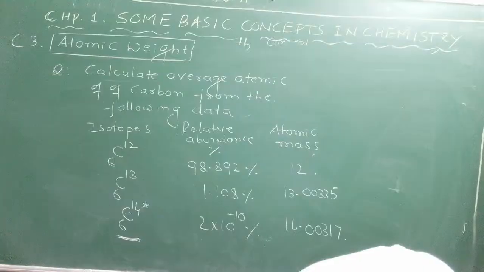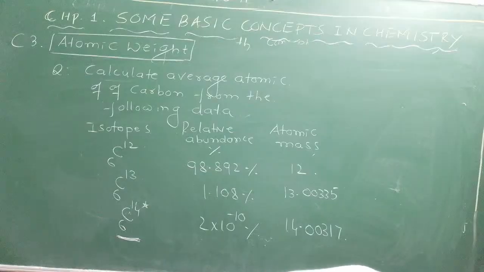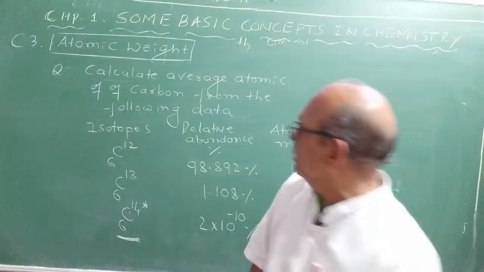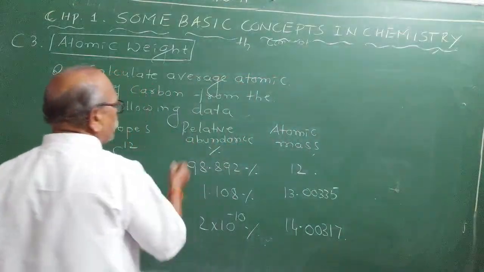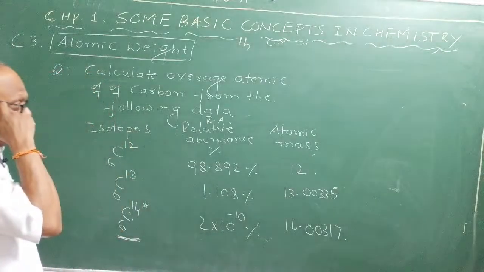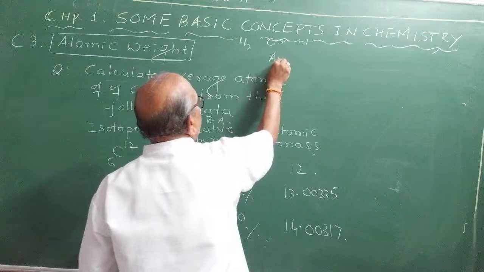Now you are asked to calculate the average atomic mass. Relative abundance means percentage, right? Note down the formula.